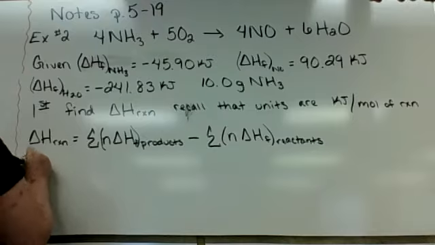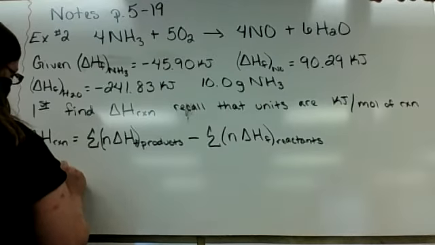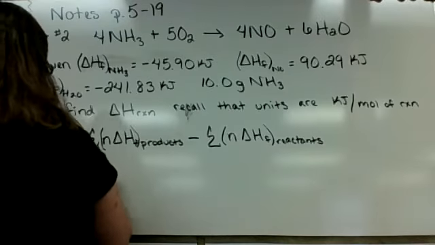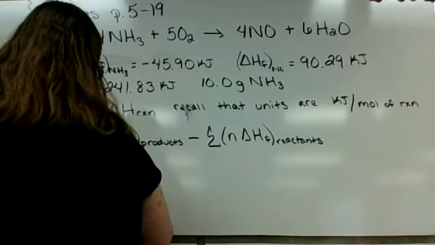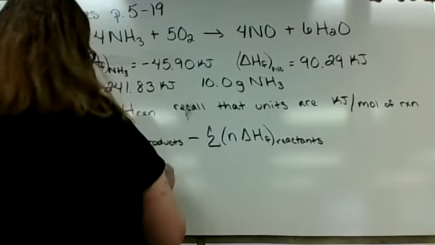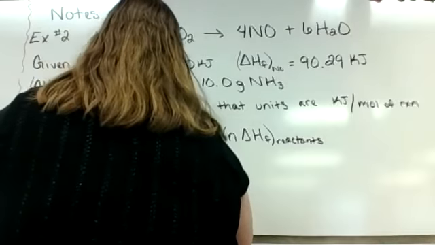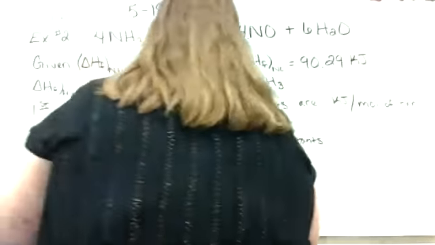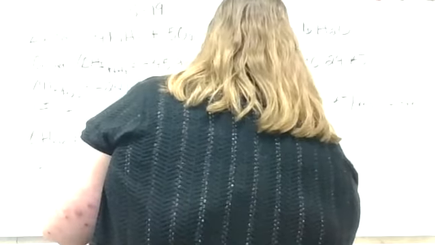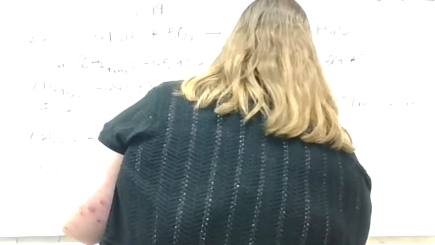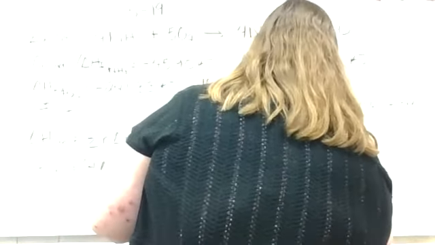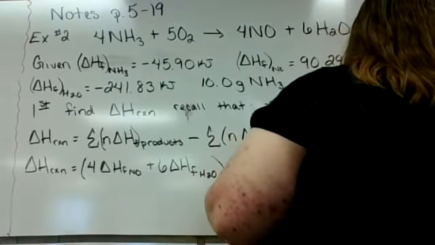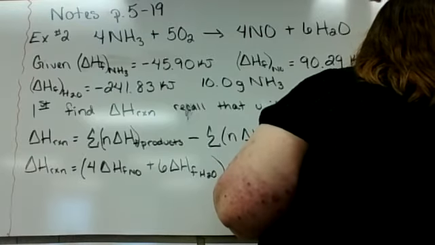Therefore, delta H of this reaction is going to be 4 times delta HF of NO plus 6 times delta HF of H2O, minus 5 times delta HF of O2 plus 4 times delta HF of NH3.